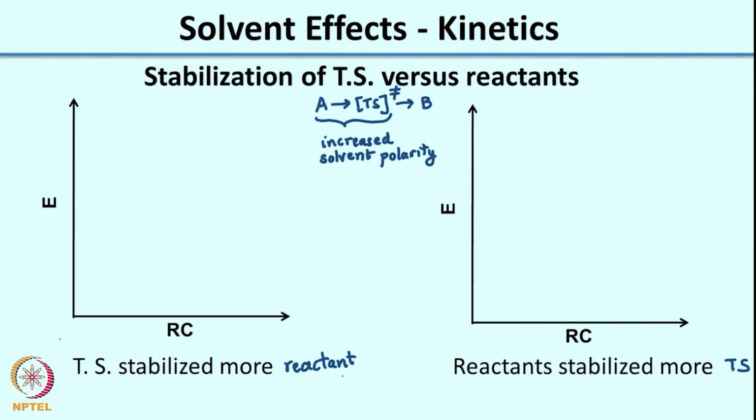So, when you increase the solvent polarity, you would get a new reaction coordinate, again for the more polar solvent. You can show this with a dashed line.